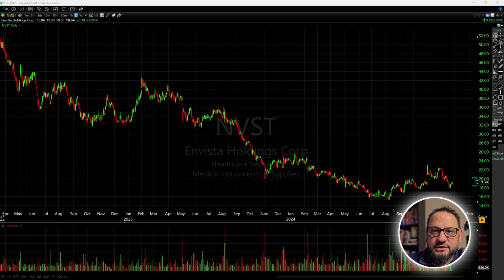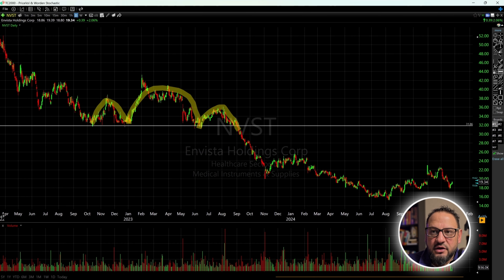So here's the shoulder, and here's the head, and here's another shoulder. All right, and where is the neck? The neck, we connect those two dots at the bottom of both sides of the head.